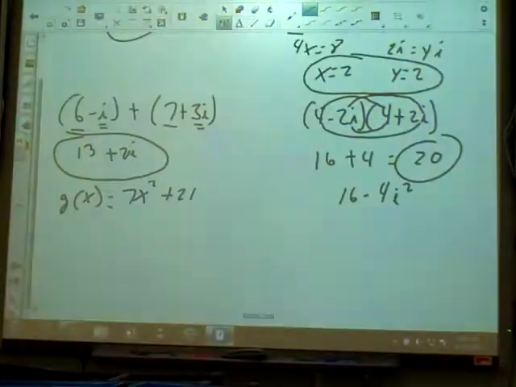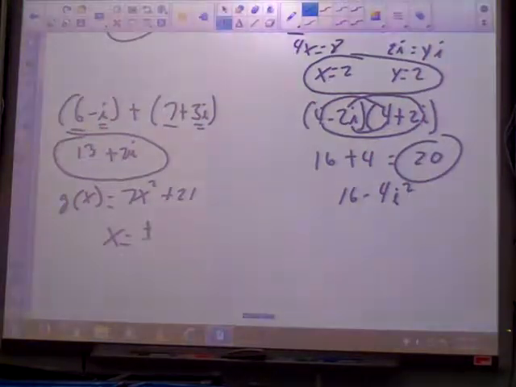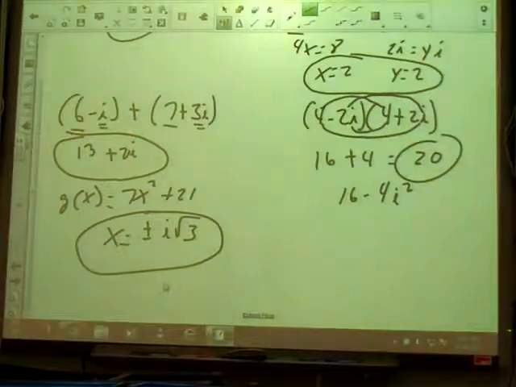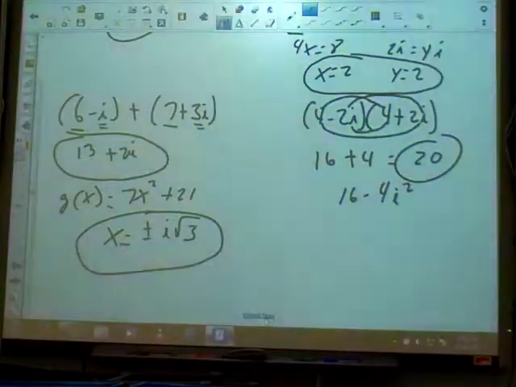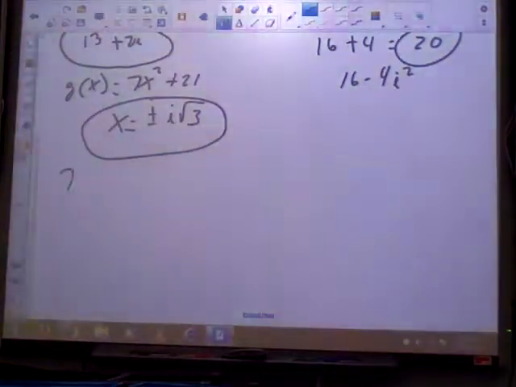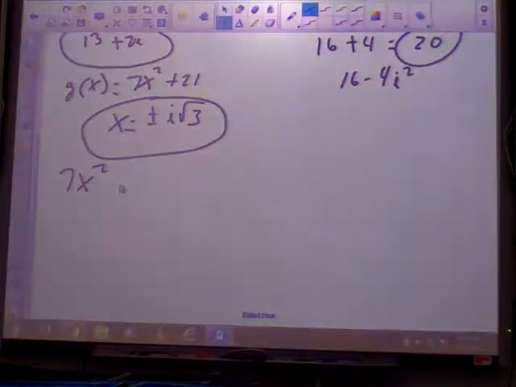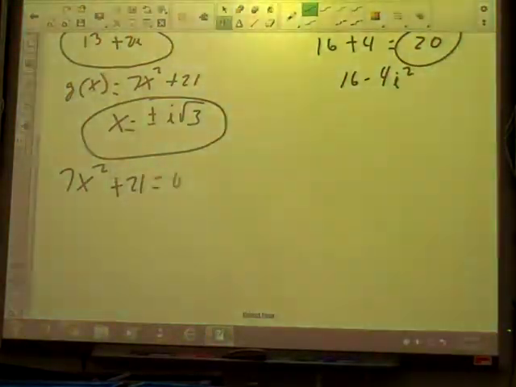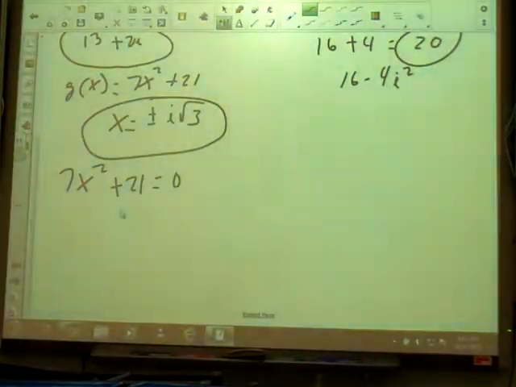Alright, what do we got on the last one, Jody? x equals plus or minus i square root of 3. Good job. Anybody need to see that one? Yes. Alright, let's look at that. It wasn't just you. We had some over here, too. If we had 7x squared plus 21 is equal to 0, the first thing we're going to do is subtract that 21.